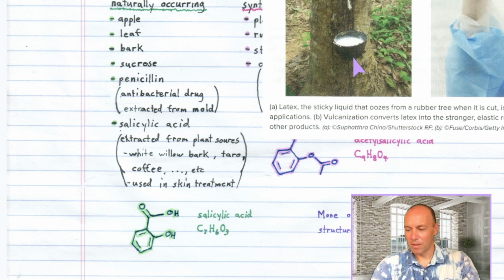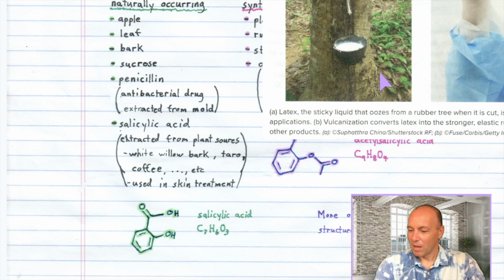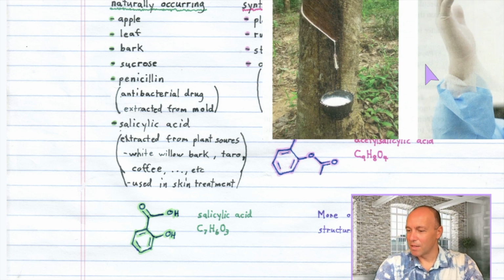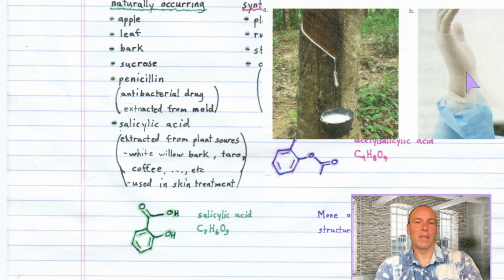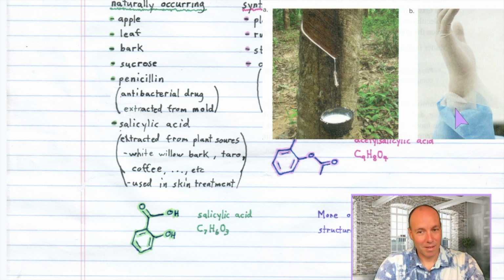It's not very useful right away, but with a simple process called vulcanization, in which you mix this latex sap with a sulfur containing substance, you can convert the latex into this rubbery material, which is used to form latex gloves. So latex gloves are made of synthetic material, but it's very easy to convert natural material into synthetic material sometimes, like this, and like aspirin.